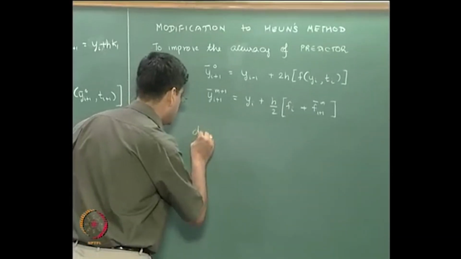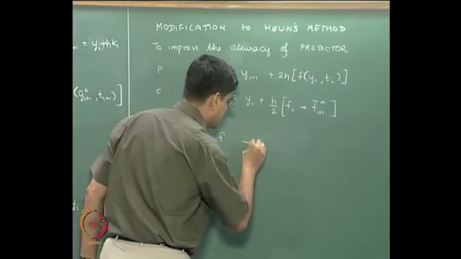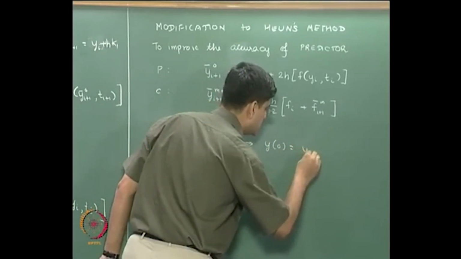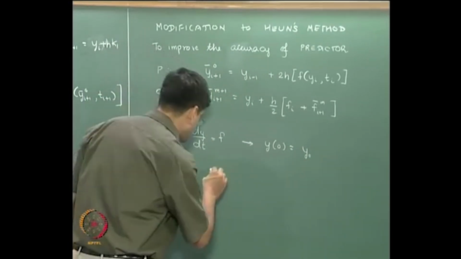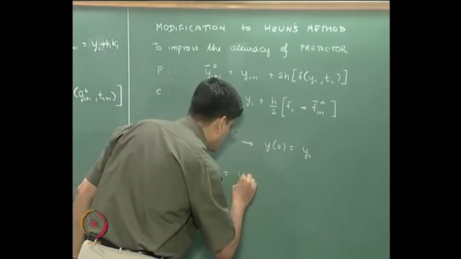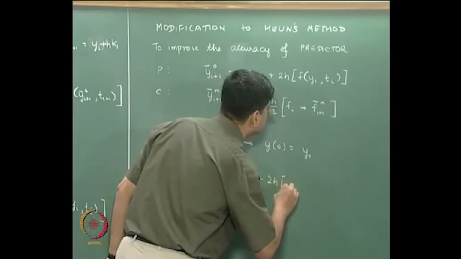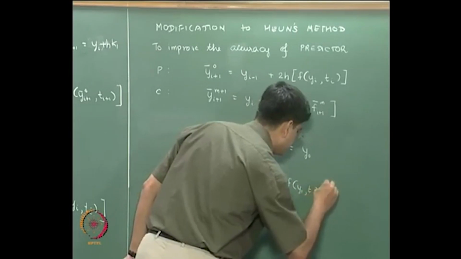So we have the equation dy by dt equal to f subject to y at 0 equal to some y0, right. So when i equal to 0, we are going to get y1 bar 0 equal to y minus 1 plus 2h times f of y0 comma t0.